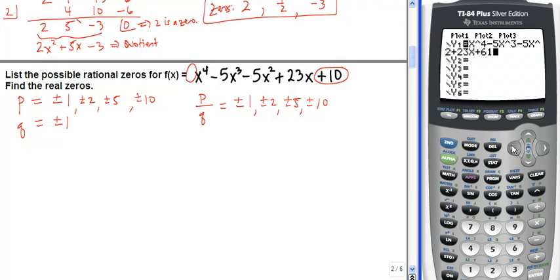Make sure I have it typed in right. So x to the 4th minus 5x cubed minus 5x squared plus 23x plus a 10. And initially here I'm just going to do that standard window.